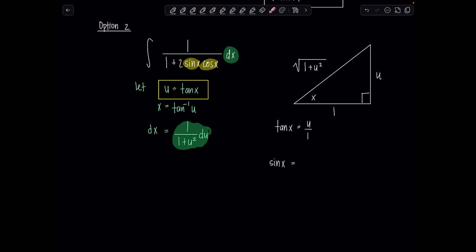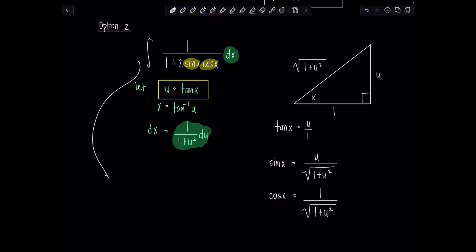Sine of x is the ratio of the opposite side over the hypotenuse, so that's u over square root 1 plus u squared. And then cosine x is the ratio of the adjacent side over the hypotenuse, which is 1 over square root 1 plus u squared.